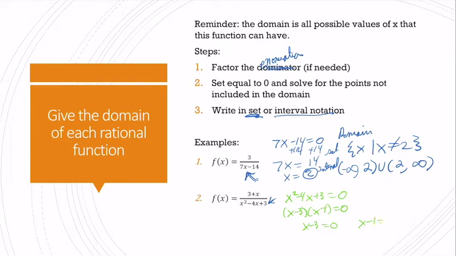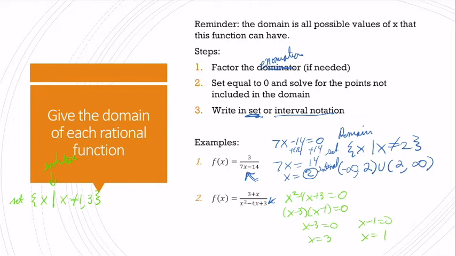And I find that x equals 3 and x equals 1. Those are the two values I'm leaving out of my domain. So this is a little bit simpler in set notation. It's all x values such that, that's what this vertical bar means, such that x doesn't equal 1 or 3.